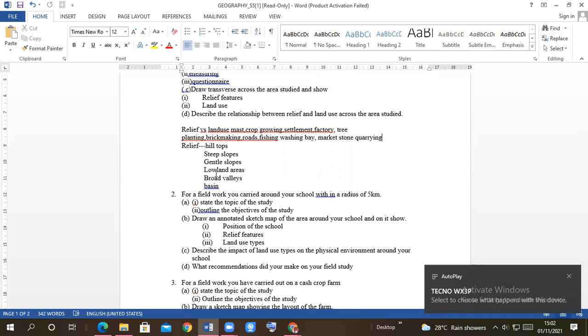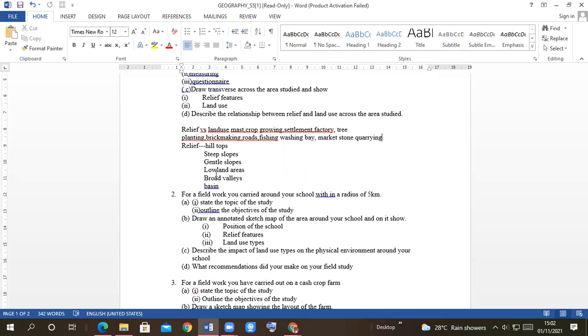You say the presence of, you have to put the local name to that feature, the first physical feature. The presence of Mbuya steep slopes. Then you add what we call connecting phrases, describing phrases, relationship phrases, any word you can call them.